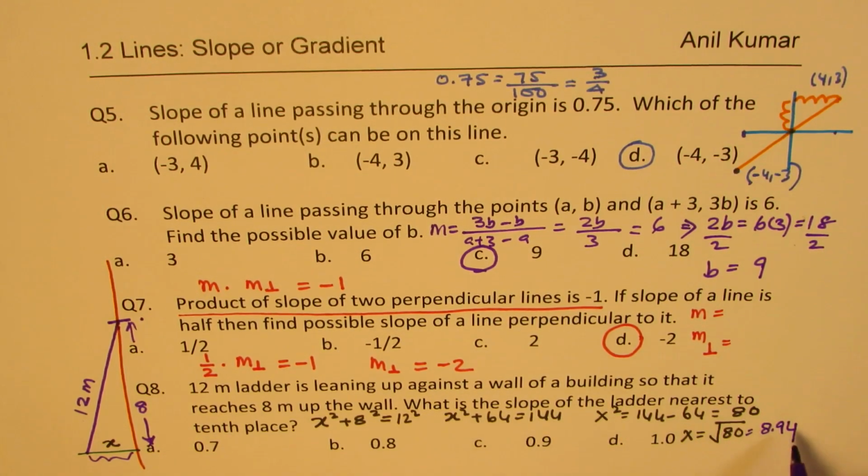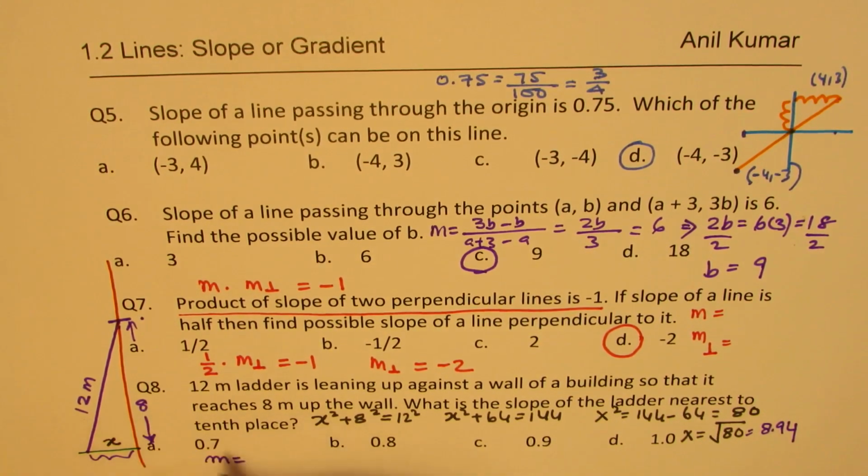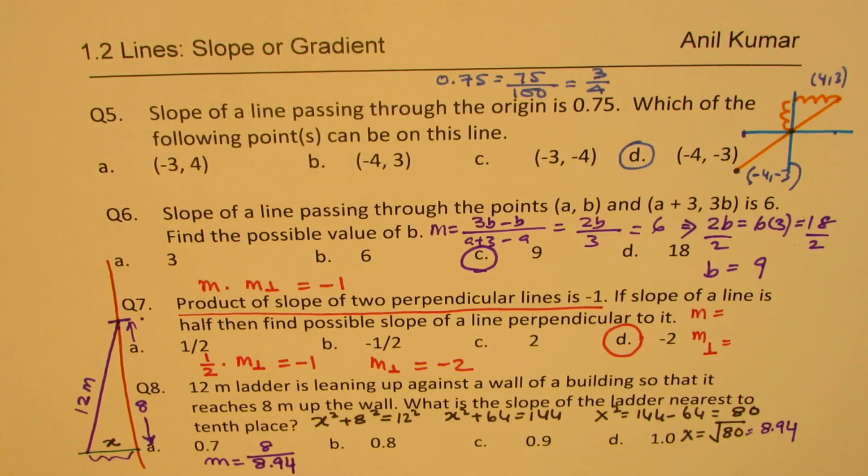So what is the slope now? The slope here, which is m, is 8 divided by 8.94. Correct? So let's calculate this answer.